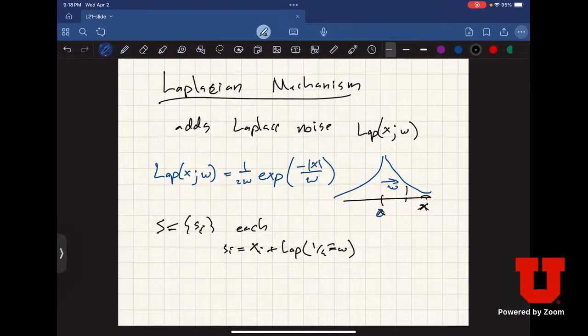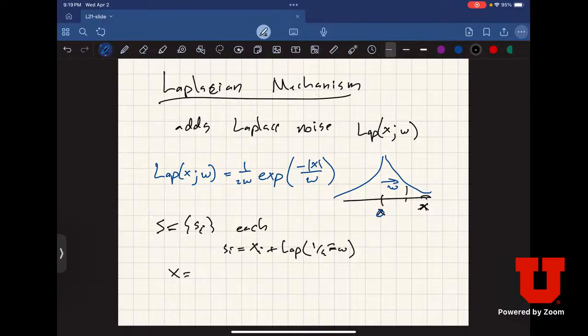Okay, so as epsilon gets smaller, I add more noise. So if epsilon is 1 over 100, then I add a noise of scale 100 to the value. If I want one differential privacy, so epsilon is equal to 1, then the Laplacian noise bandwidth is 1, so not so far. Okay, so this is basically how it works.